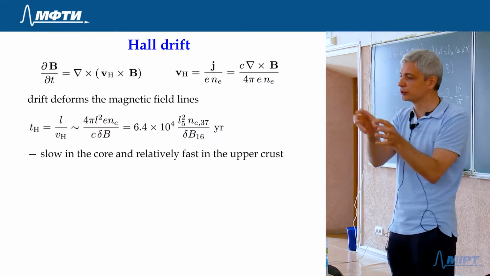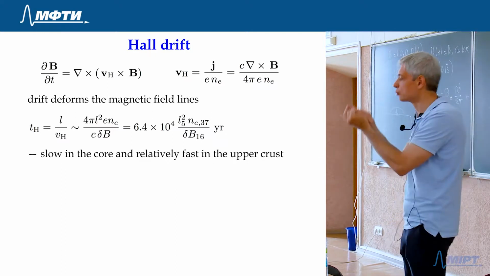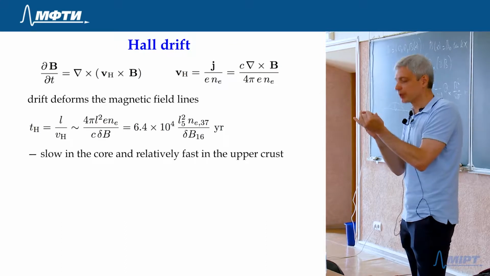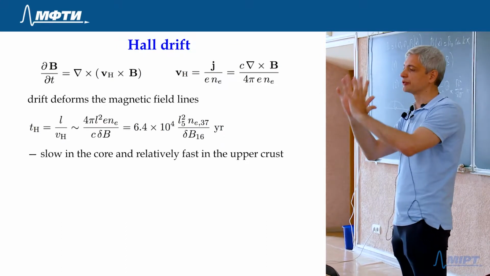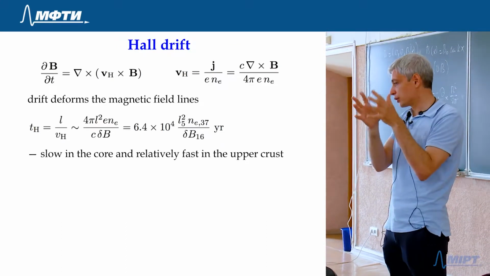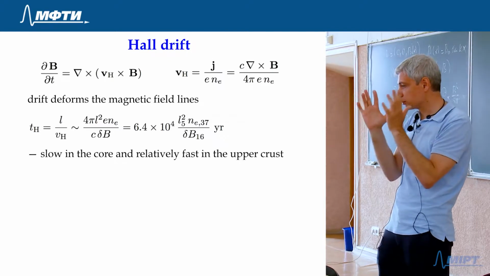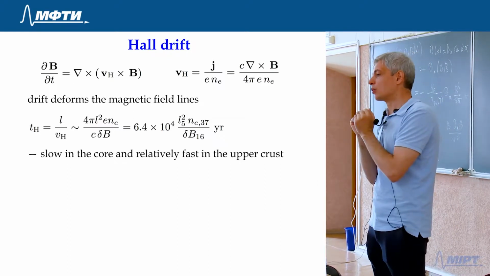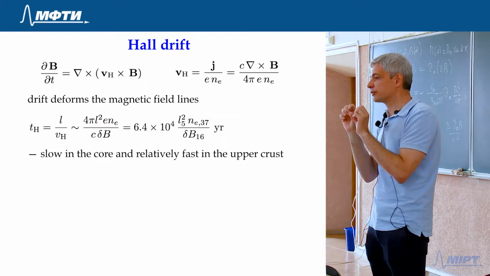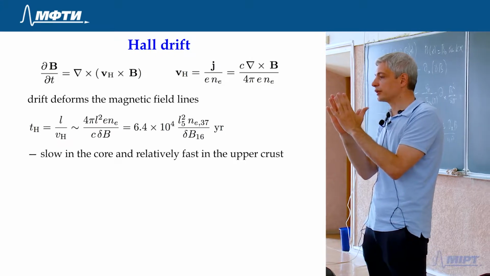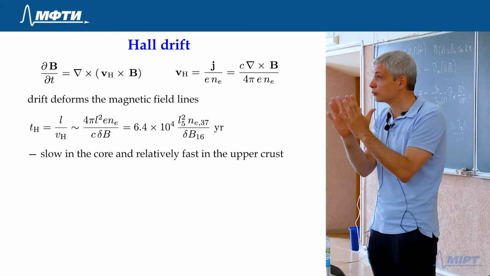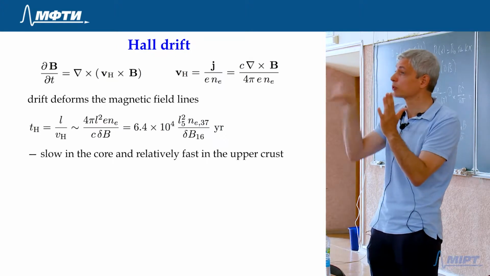You have different fluids: electron fluid, proton fluid, neutron fluid. And so in principle, you can have magnetic field lines moving together with electron-proton plasma with respect to neutrons. Or if you look more carefully, you will find that actually the magnetic field lines are frozen into the electron component, which could in principle move with respect to the proton component.